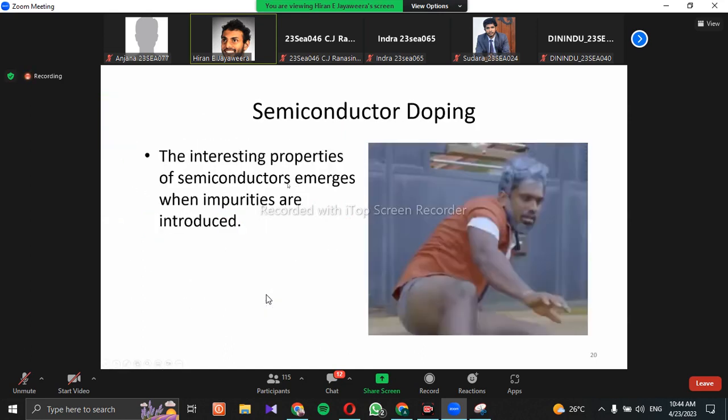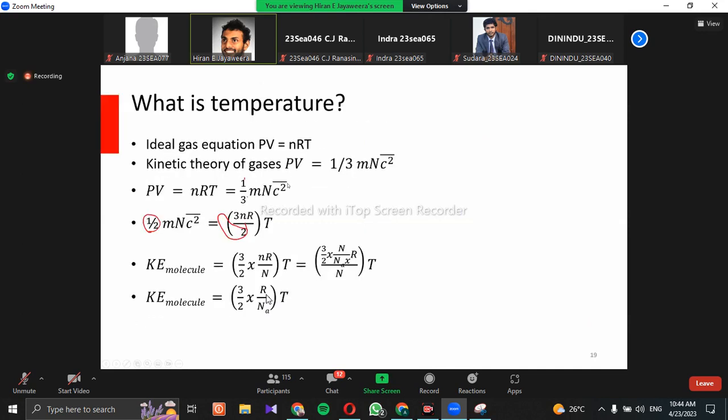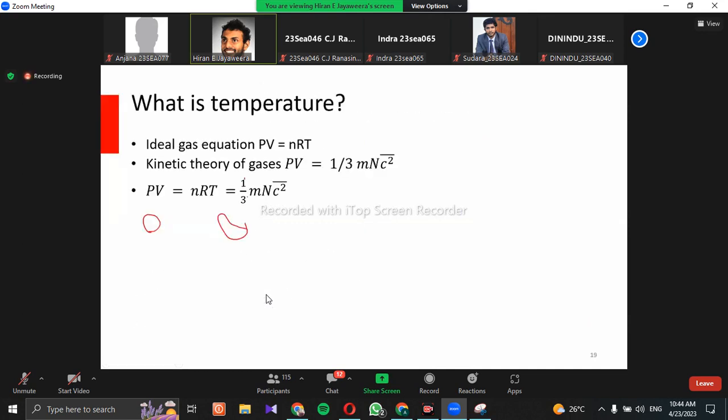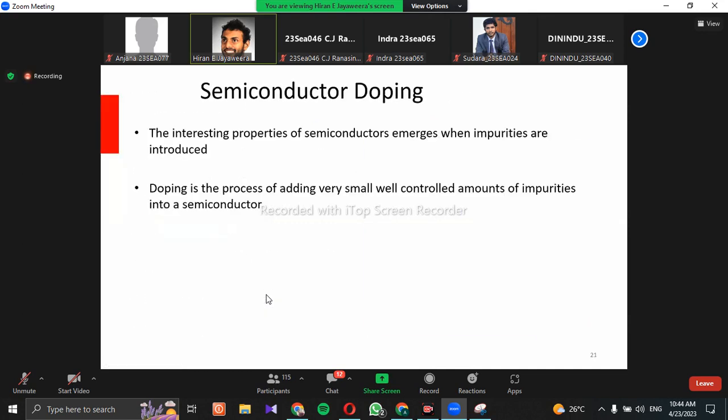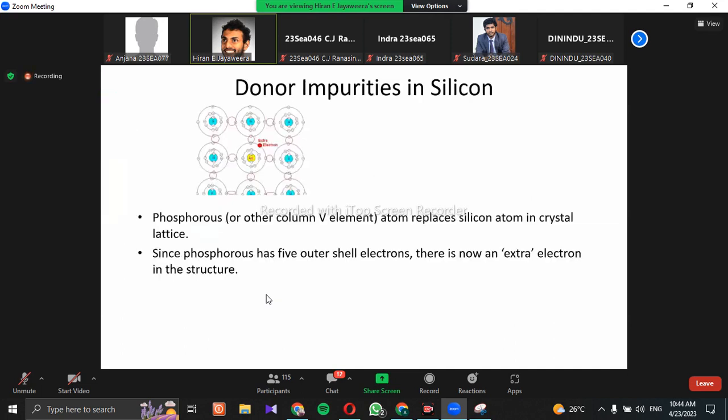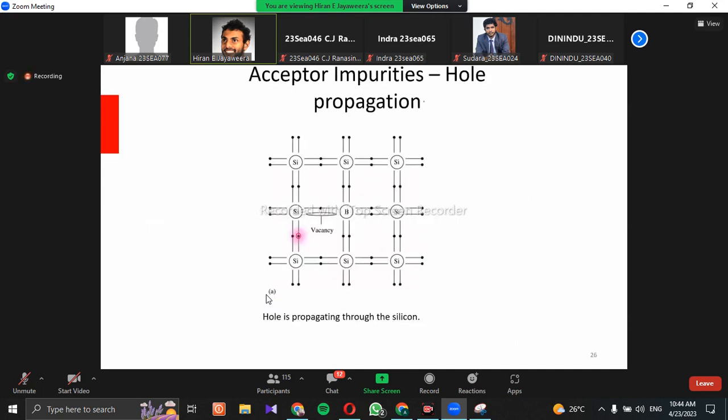This is the same slide. Okay. All right, this is a slightly different slide. I will explain why. Let's say we have a hole here. It's a vacancy, right? Whenever there is a vacancy, the neighboring electrons, which have a little bit higher energy, try to get involved in that hole, right?